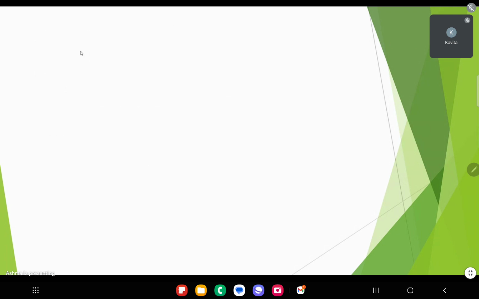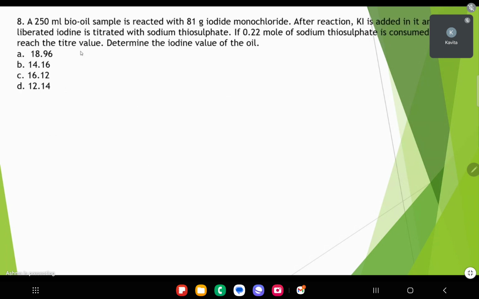So next, this question is also a numerical based question. The question says a 250 ml bio oil sample is reacted with 81 gram iodine monochloride. After reaction, KI is added to it and the liberated iodine is titrated with sodium thiosulfate.